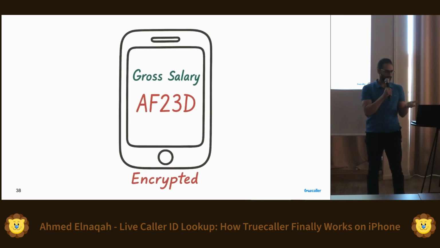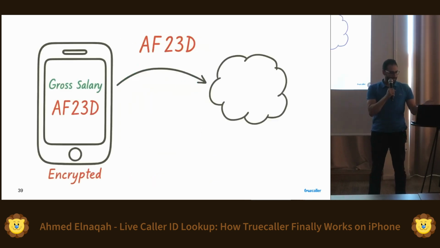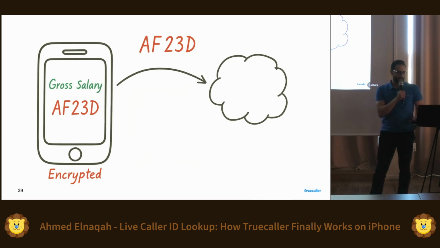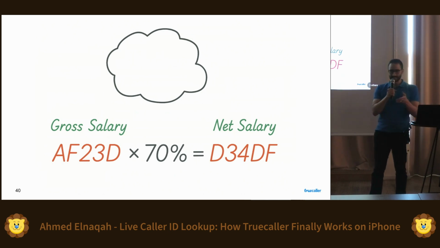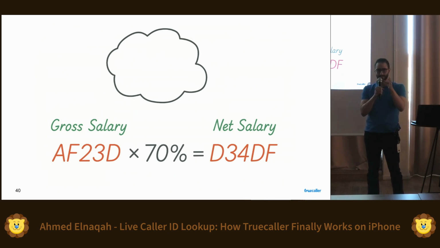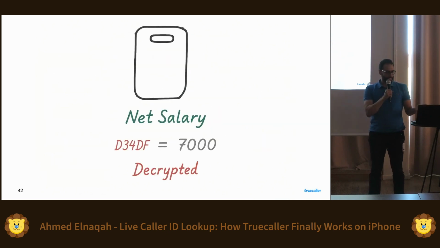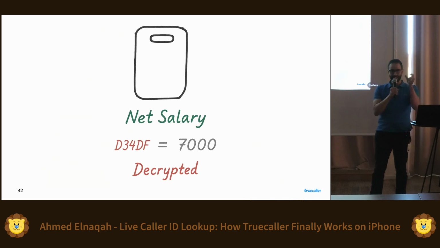encrypt it. The client will encrypt it, send this encrypted gross salary to our service. The service will apply mathematical operation on the gross salary, get the net salary as an encrypted result, and then send it back. And then the client can decrypt this result and get actually the value.